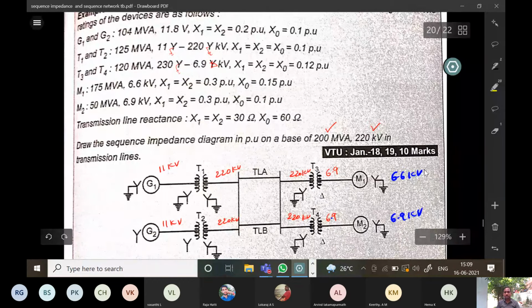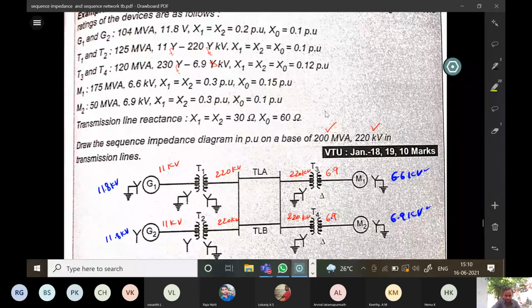So these are old kVs, and 6.9 is the new kV. Similarly for the generator, 11.8 kV is the old one, and 11 kV is the new one, right?